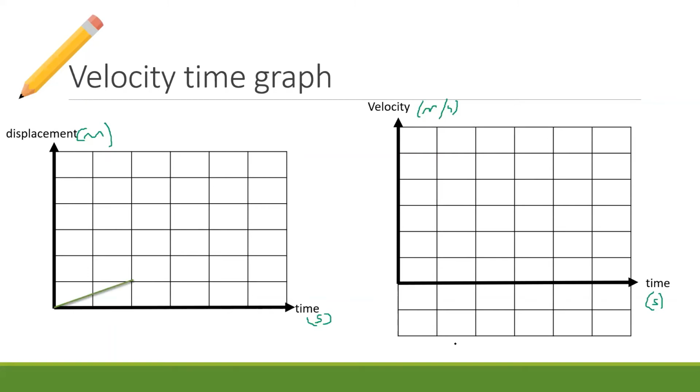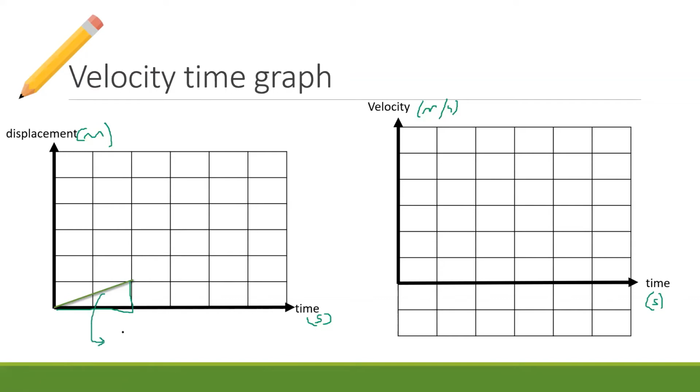Can I get you to draw that little bit of line there? So it goes across 2 and up 1. If I want to find the velocity, I would need to find the gradient of this line. So what's the gradient of this line?